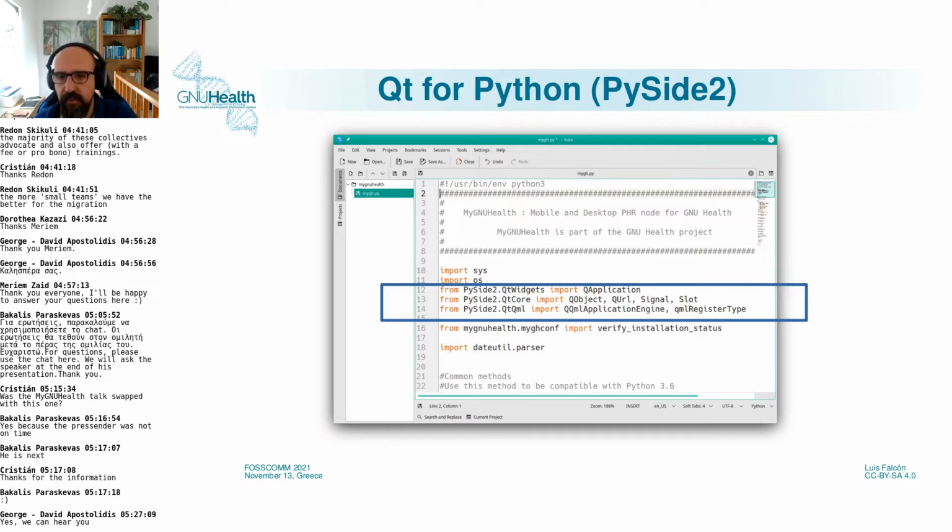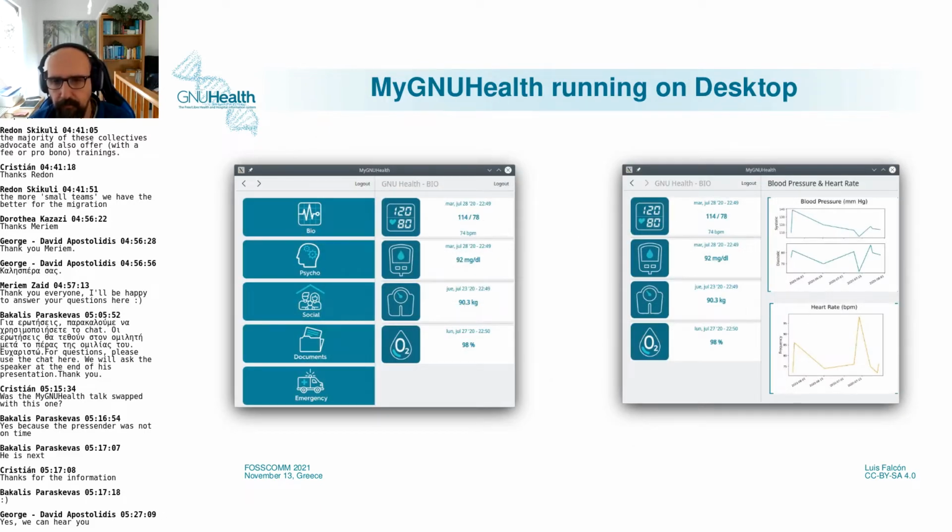This is just a screenshot showing that it's a Python program, basically a set of modules. These are also some screenshots. As you can see, we are always going to be dealing with the three main spheres of health, right?